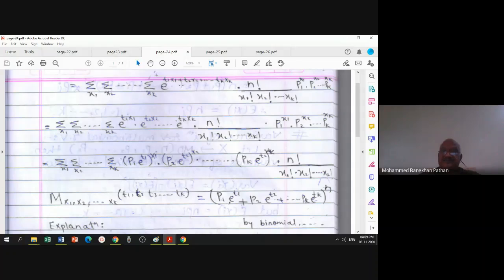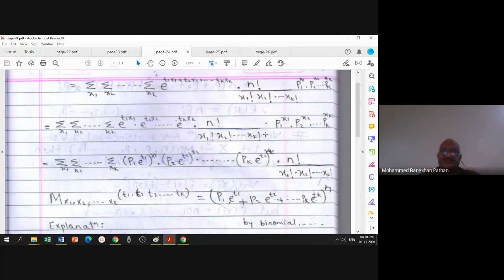Summation continues. I split this, since it is a power with plus. So you know school mathematics: a raised to m plus n will be written as a raised to m multiplied by a raised to n. So this can be split separately like this. The function continues as it is. Now this t1 power x1, e to the power t1 and this whole power x1, these two terms can be combined.